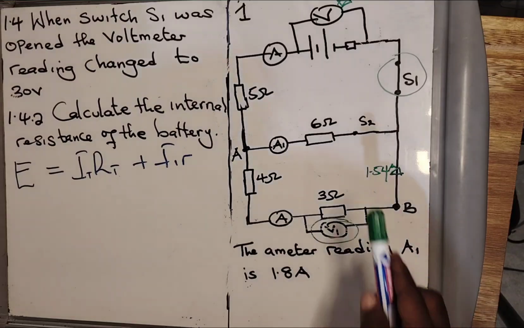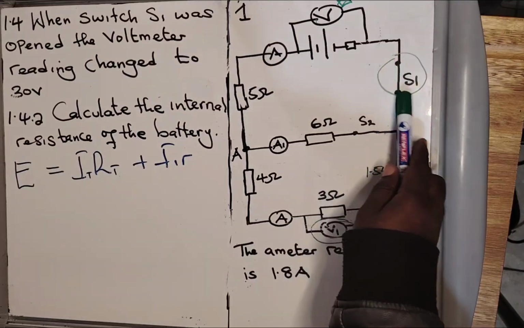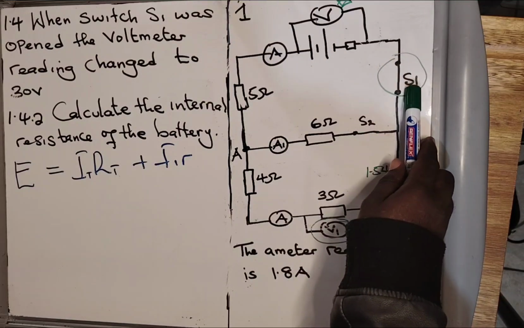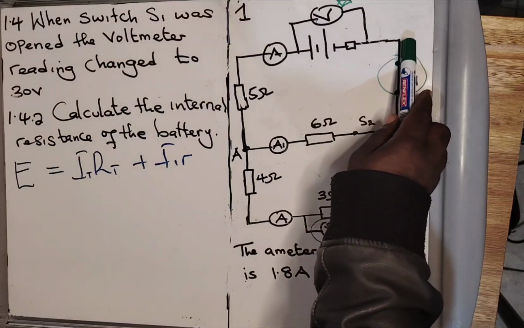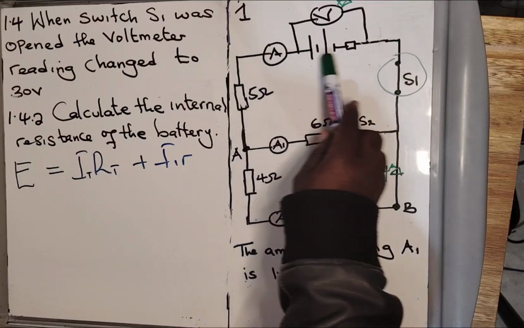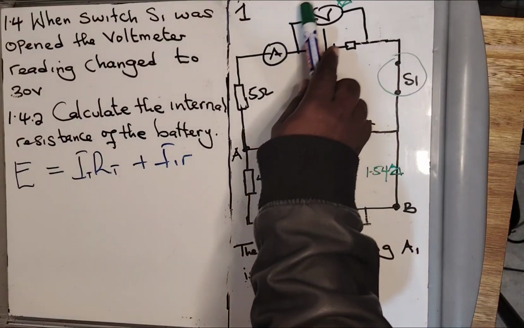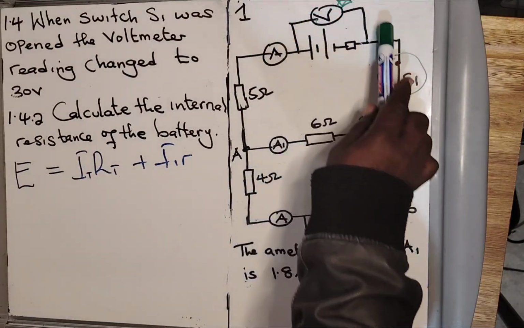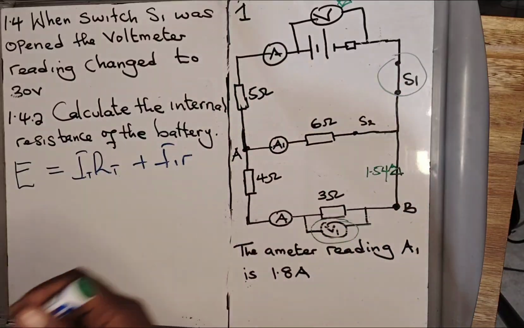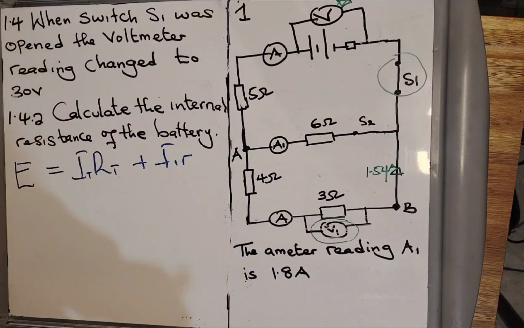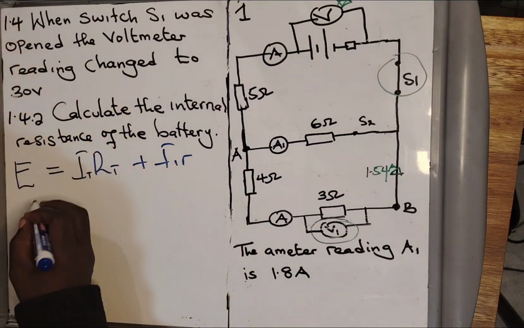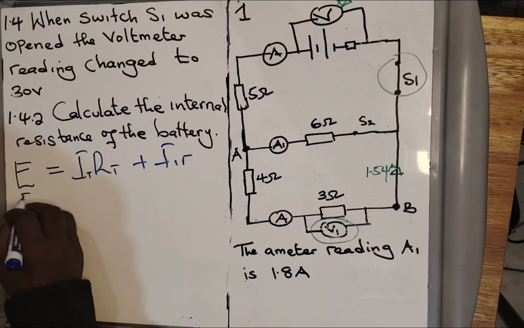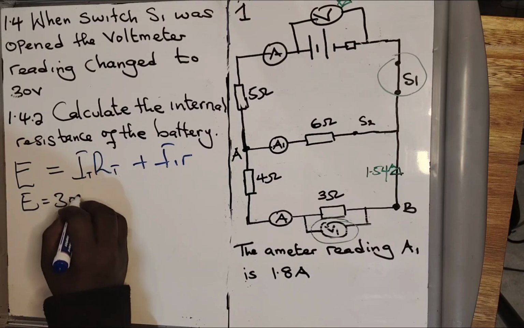I repeat, once you open the switch S1 and stop the current going through the battery, the voltage you register under that circumstance is the EMF. So in this case, we know the EMF of the battery, and it is 30 volts.